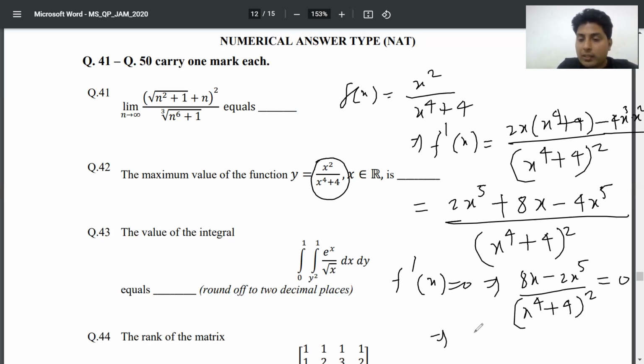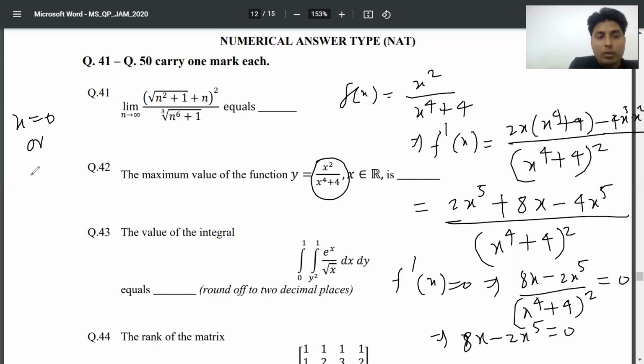From here, 8x minus 2x^5 is 0. So what will we get? We take 2x common, and we'll get 4 minus x^4.